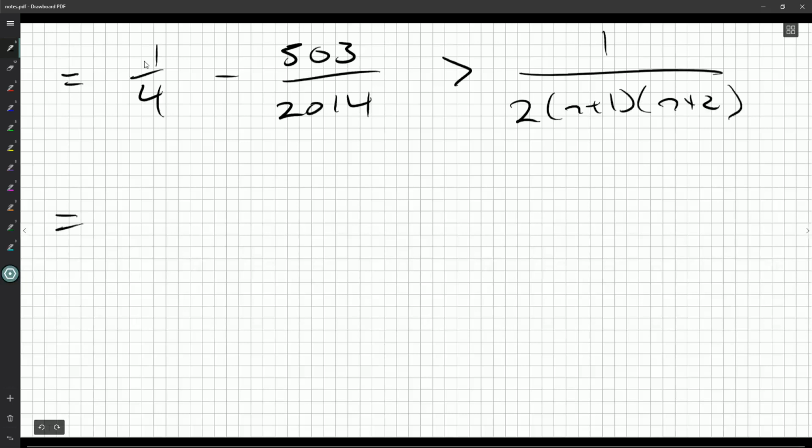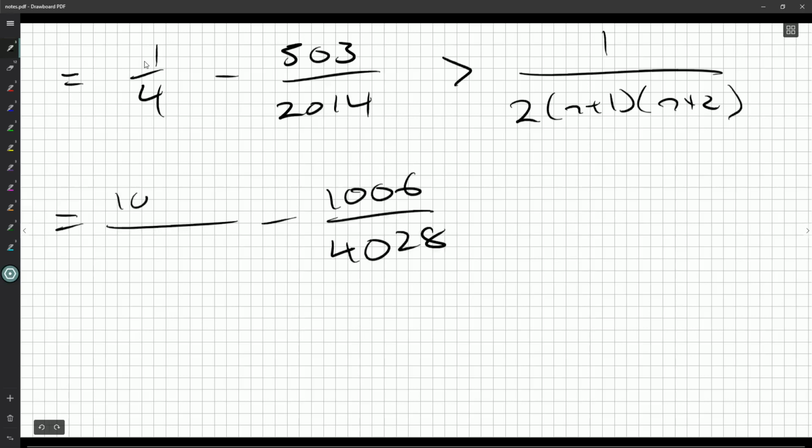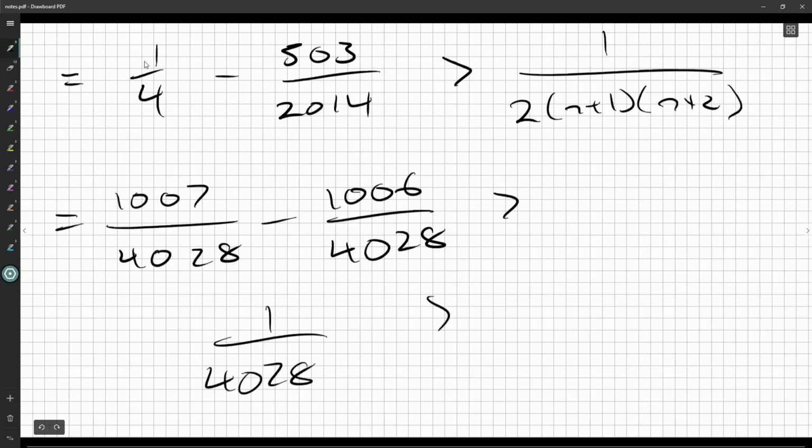And we could multiply 1006, 4028, 1007, 4028, which is really just 1 over 4028, has to be greater than 2 n plus 1 n plus 2.